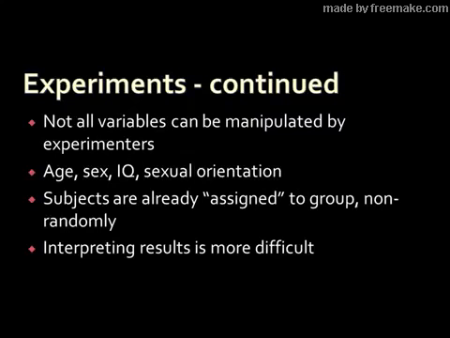And because of this, these types of variables are very difficult to study, because, for example, if you're looking for sex differences in, let's say, some ability like mathematical ability, which is something that's been often studied, you can't take someone who's 30, who's a man, and erase their experiences as a man and reassign them to be a woman. And because of that, it's very hard to separate the effects of biology and the effects of environment in those types of studies.